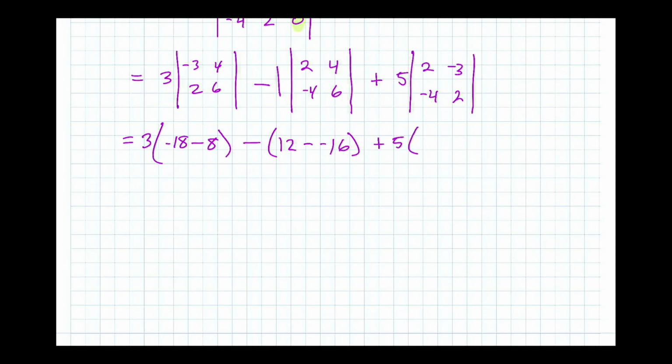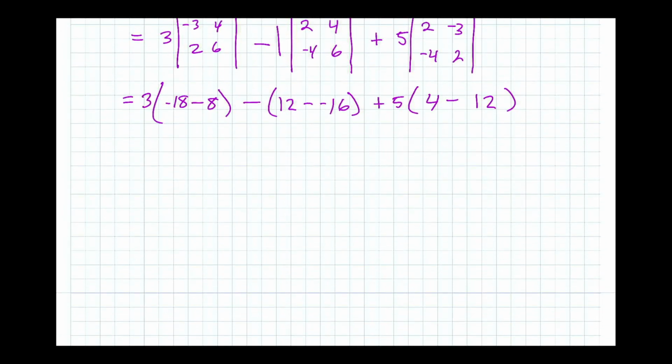Plus 5, parentheses, 2 times 2 is 4, minus -3 times -4 is +12. So you work this out. You get 3 times -26, minus 12 minus -16, so that's 12 plus 16 is 28, plus 5 times 4 minus 12 is -8.